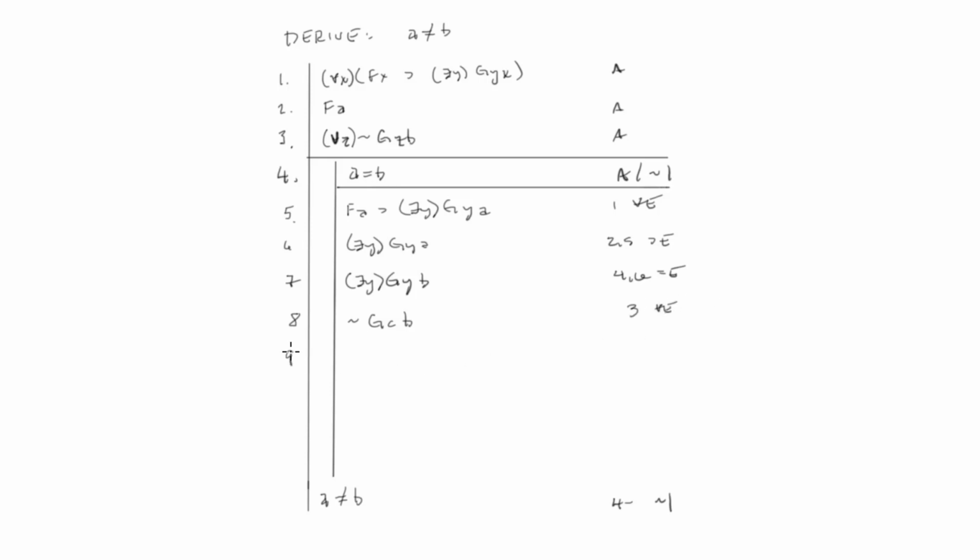And then on line 9, I'm going to add that quantifier right back, but it's going to be a Y quantifier. For all Y, G, Y, B. That's from 8, universal introduction. That's a legal move. I replaced C with a variable and added a quantifier.